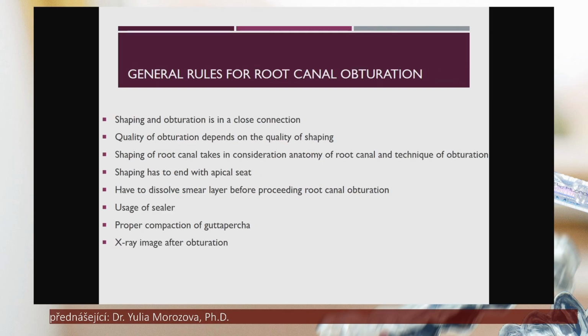So, which general rules should be used for root canal obturation? Remember that shaping and consequent obturation are in close connection. So when we make the shaping, we provide the so-called simplification of the root canal system anatomy, and so we create the ideal conditions for the consequent filling. The quality of obturation depends on the quality of shaping. We should remove, if it's possible, all of the microorganisms.